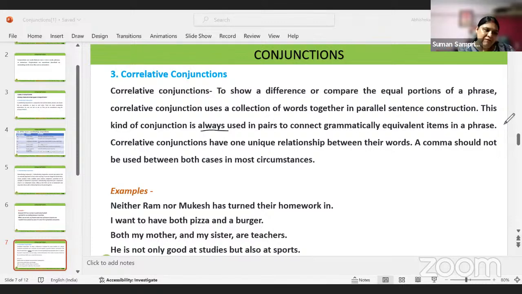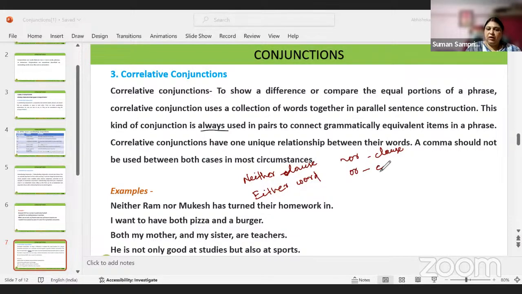If one part of the correlative conjunction is followed by a noun or a word, then the other part must be too. Suppose after "neither" you are writing a clause, then after "nor" you will also write a clause. You cannot write a noun there. Suppose you are writing a word after "either", then after "or" you will also write a word.